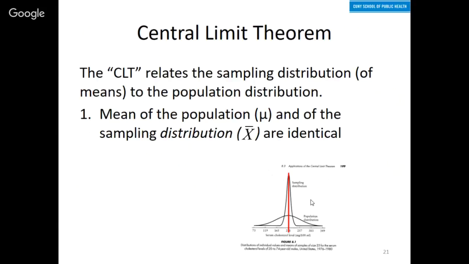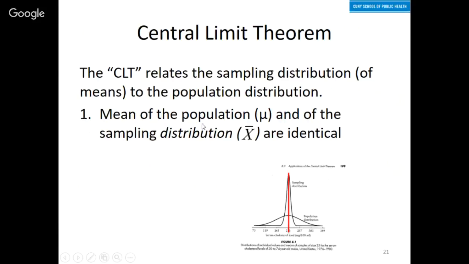In all cases where you make inference from a sample, it's because we know the relationship between the sampling distribution and the population. And the central limit theorem is one that is valid anytime we have large samples.